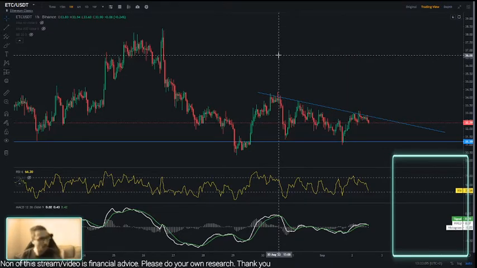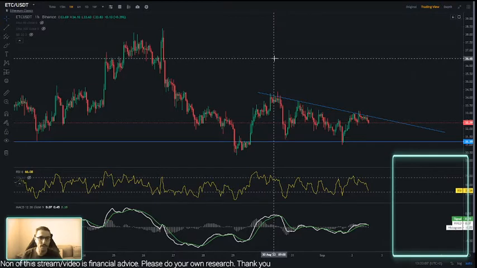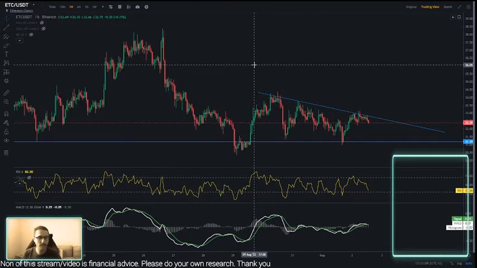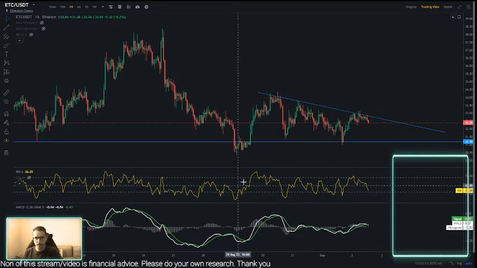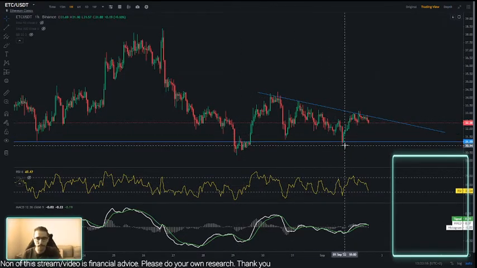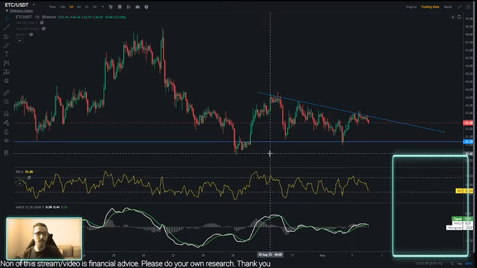I started a little bit earlier today on my own doing our analysis, and on this hourly chart I found this pattern, this descending triangle, which I believe could be interesting to look at.